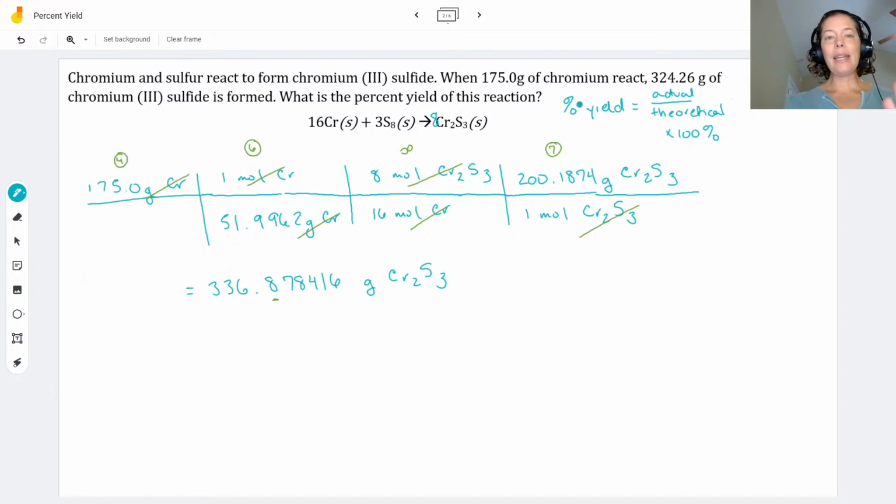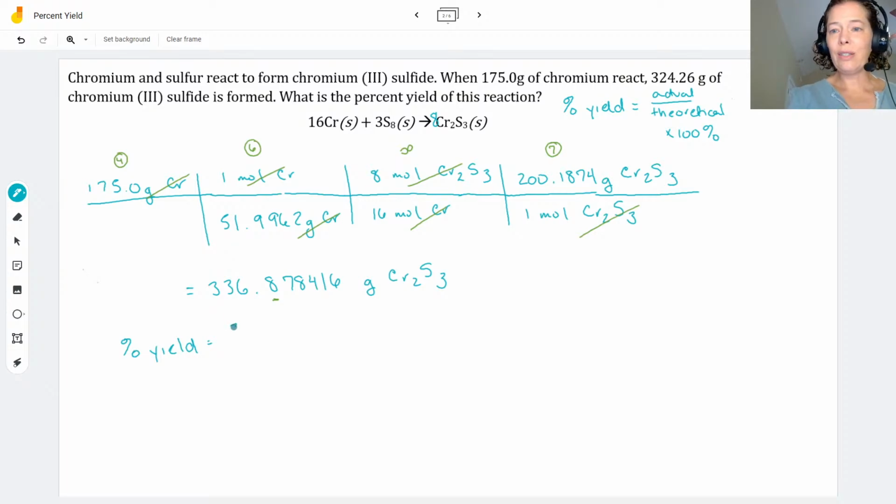So let's go back and now let's calculate our percent yield. Again, I am just plugging my numbers into this formula. My actual yield, if you were to go in the lab and run this reaction and measure how much you get, this is how much you actually get. And that was given to me in my problem.